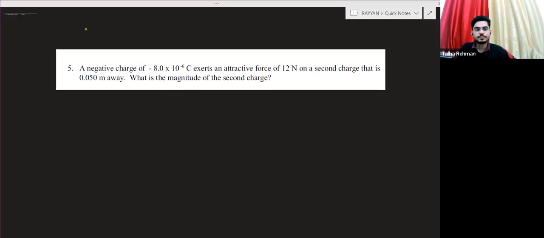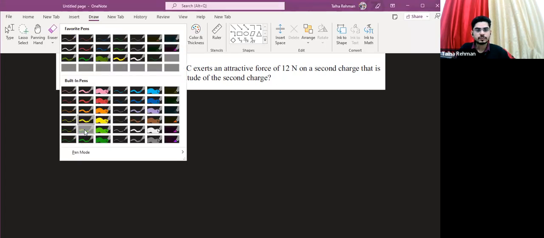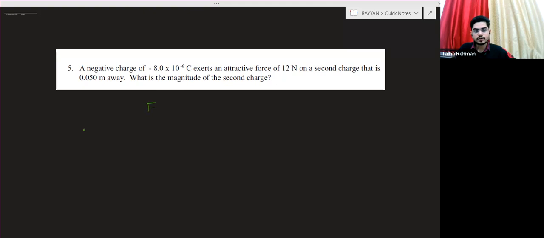Here what you have to do, see here, again you will apply this formula, r square, d square, why am I writing again and again r square, this is d square, and what is k? 9 into 10 to the power 9, and q1 is this, suppose, and q2 we want to find, the second charge, and force is given, and distance is this.